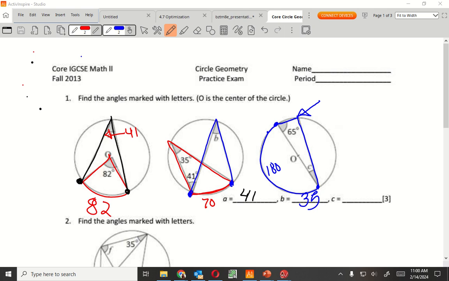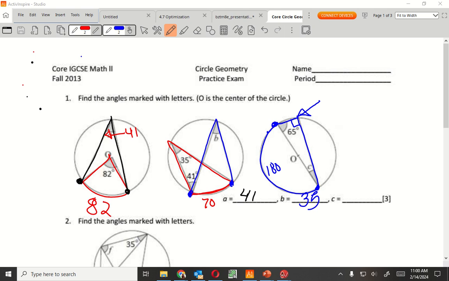That one's inscribed because I have my endpoints here, and the vertex right there is touching the outer circle, right? That is also inscribed. So since that's an inscribed angle and my endpoints are here and here, it should be half of my arc. If 180 is my arc, half of the arc is going to be 90. So that makes this one a right angle.